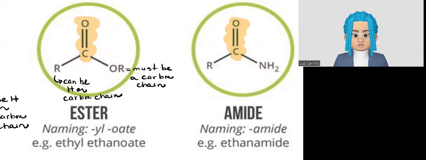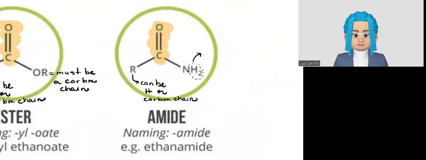So the R group here can be a hydrogen or a carbon chain. These two hydrogens can be there or carbon chains can be attached to that nitrogen.